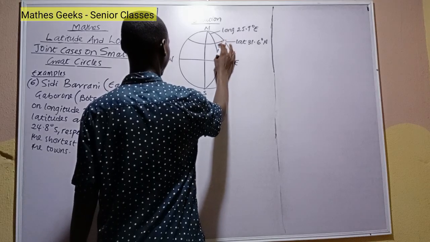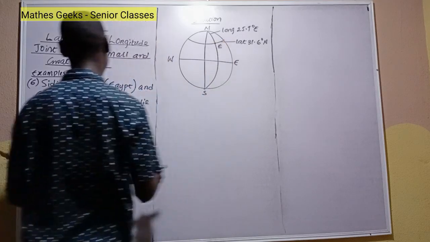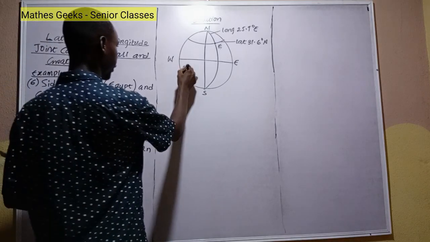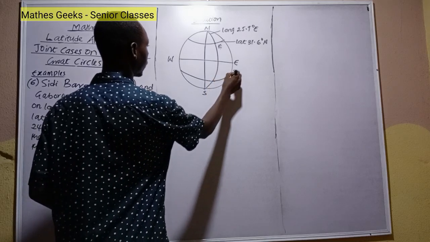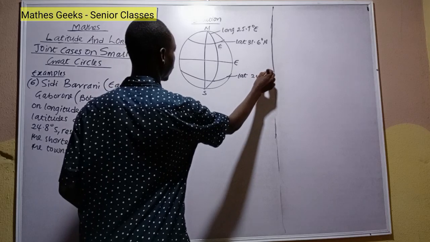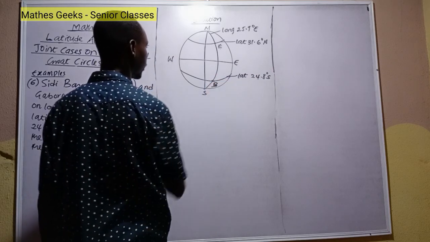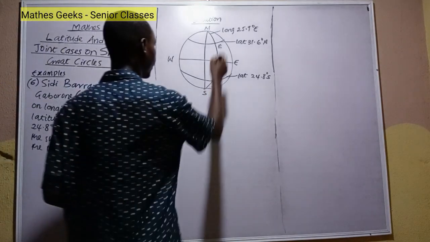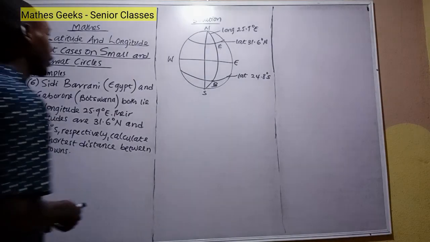Let me use letter E to represent it. And Botswana, 24.8 degrees south. So latitude 24.8 degrees south. This is where Gaborone is. So the question now says, respectively, calculate the shortest distance between the towns.